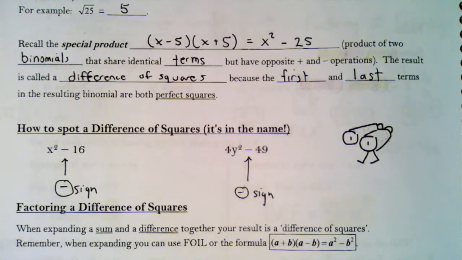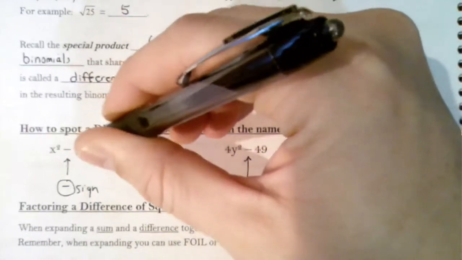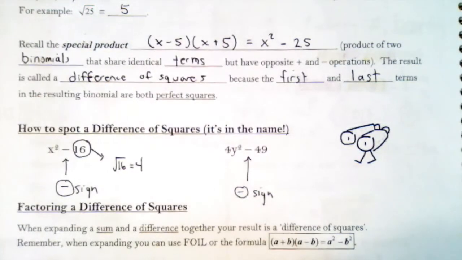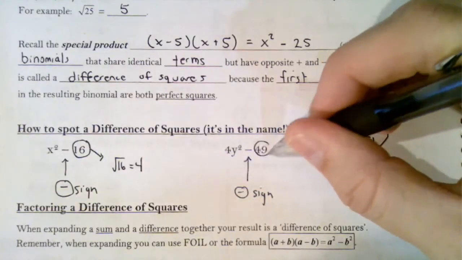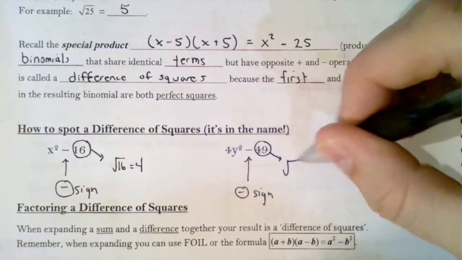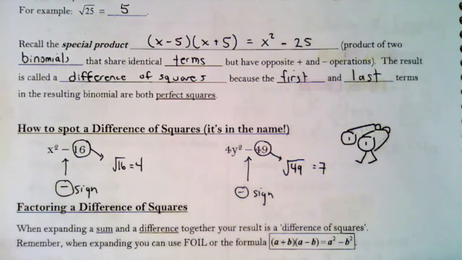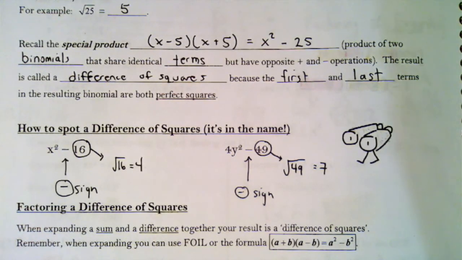It's easier to see it with numbers, like 16. If you square root 16, you get 4. No decimals. If you square root 49, you get 7. And if we remember back to the definition of what a square is, a square is the result of another number multiplied by itself.